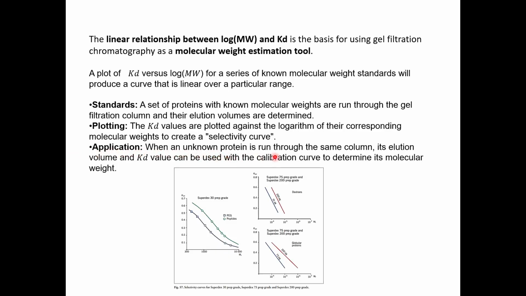When an unknown protein is run through the same column, its elution volume and KD value can be used with the calibration curve to determine its molecular weight. So if you know your KD, you can get your molecular weight. That is why log molecular weight versus KD gives a linear plot.